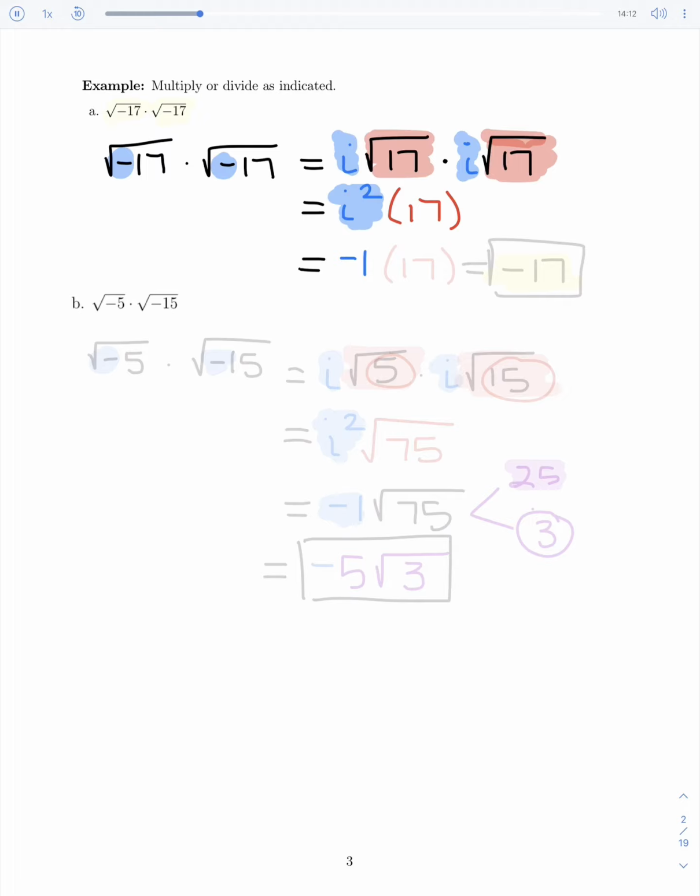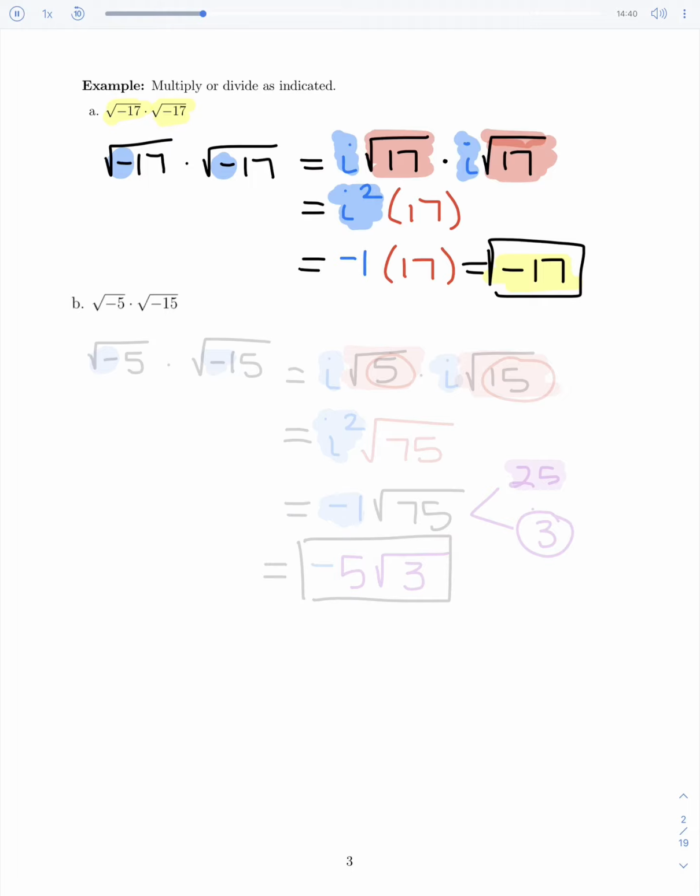So I'll have a negative 1 times our 17, which is going to give us a negative 17. If you go back to the original problem, that does make sense. Two identical square roots multiplied together, the square root should just drop off and give you what's underneath, which is the negative 17. That is exactly what happened.